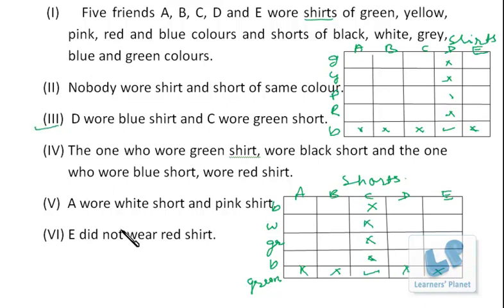So we filled up this. Now A wore white short and pink shirt. A wore white short, so A and white, right? So remaining are wrong. And pink shirt, so A wore pink shirt. So remaining are wrong.